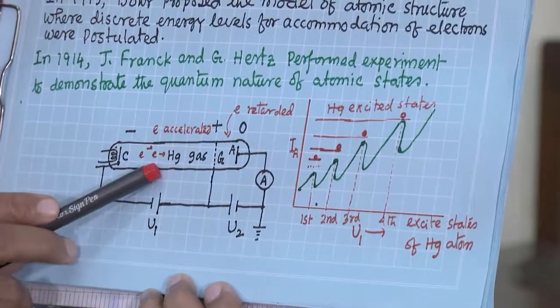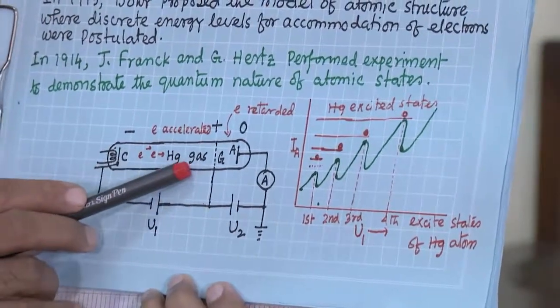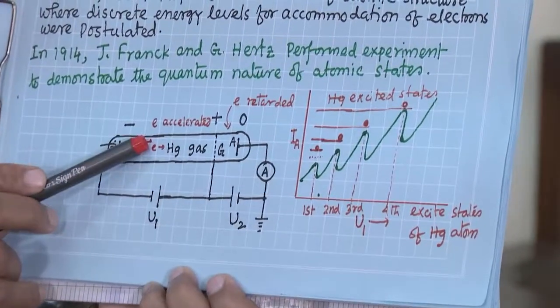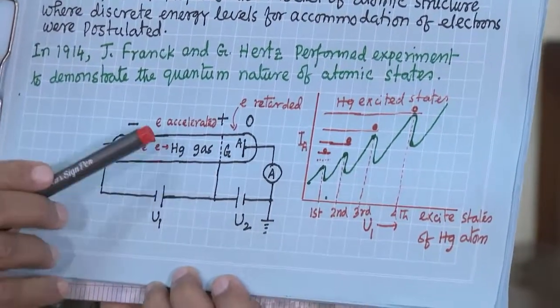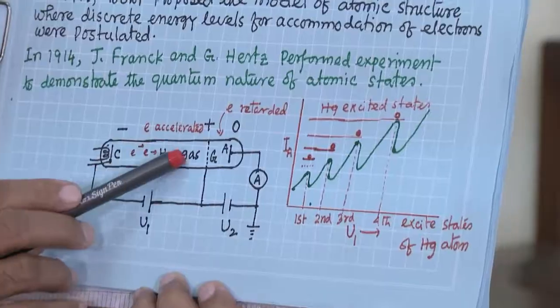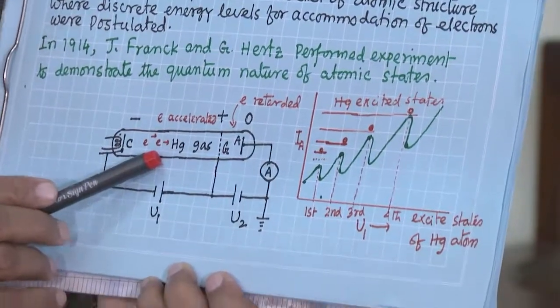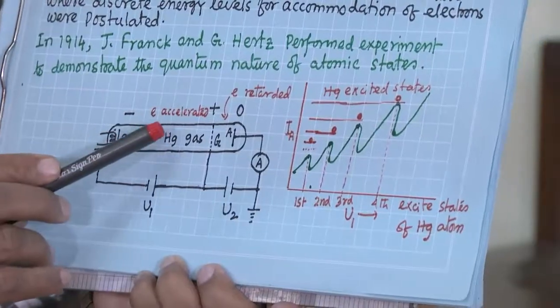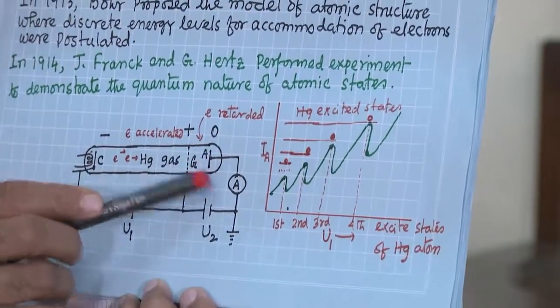Now, in this tube, mercury vapor is used. When these electrons move, they will collide with the mercury atoms. Mercury atoms are available in gaseous form in this tube, and the electrons will reach the anode.